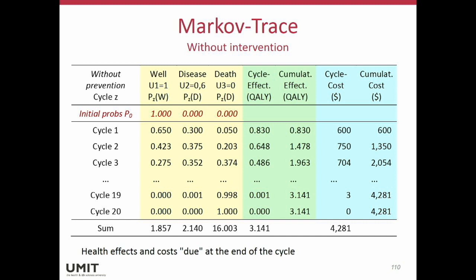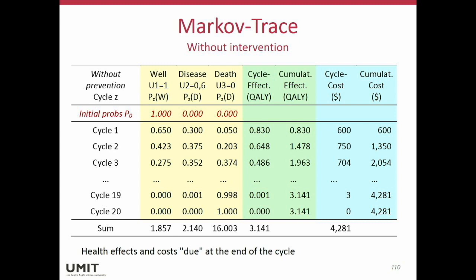We run the model, and as a result, you would get the so-called Markov trace. Here, the Markov trace without the intervention. What you see is the results after each cycle. In the yellow part, the health states, well, disease, and death, and the respective utility values for this.